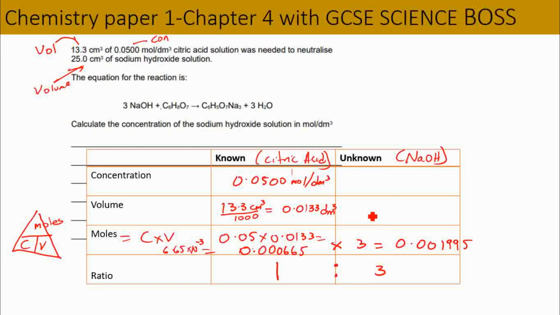What's my volume? My volume of sodium hydroxide is 25 cm cubed. Remember, you have to change that to dm cubed, so I divide by 1,000, which gives 0.025 dm cubed. And then how do we work out concentration? Concentration is moles divided by volume. Do I have my moles? Yes.